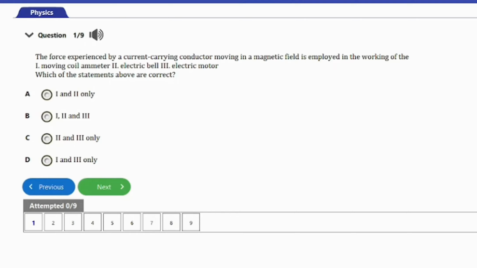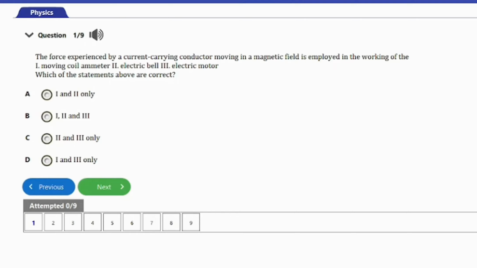It says, the force experienced by a current carrying conductor moving in a magnetic field is employed in the working of the I. moving coil ammeter, II. electric bell, III. electric motor.